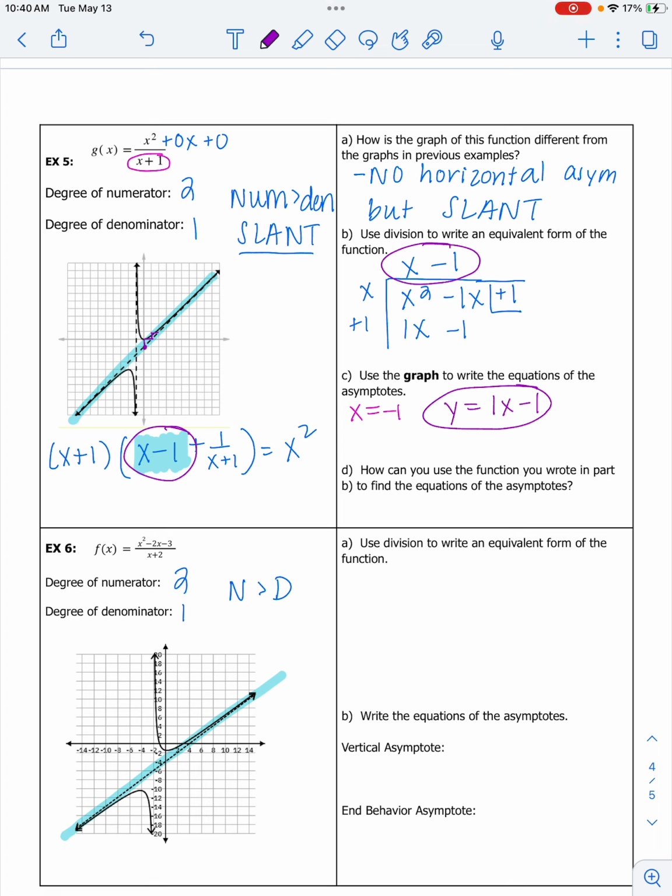Okay, so when we divide whatever, we end up with our quotient, that is going to be our slant asymptote, or our end behavior asymptote. Okay, so go ahead and try the next one and see if you can get the equation of the slant asymptote from the graph and see if you can get it to show up when you divide.